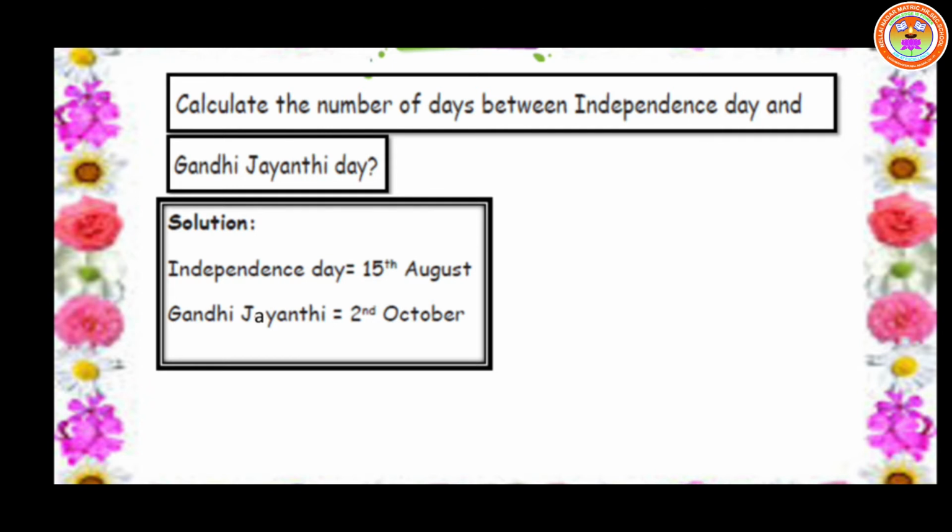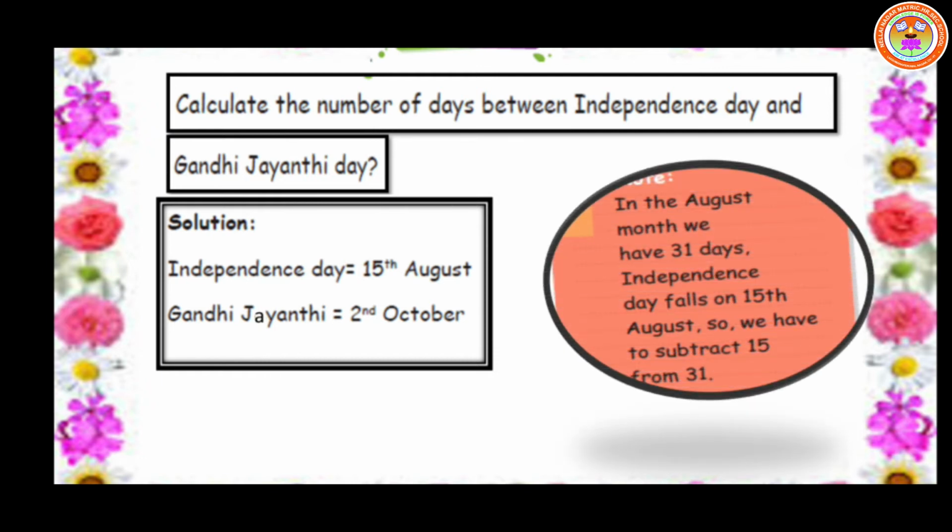Now, we are going to see the problem. Students, in the August month, we have 31 days. Independence Day falls on 15th August. So, we have to subtract 15 from 31. Why? Because we are going to calculate the number of days from Independence Day to Gandhi Jayanti Day.